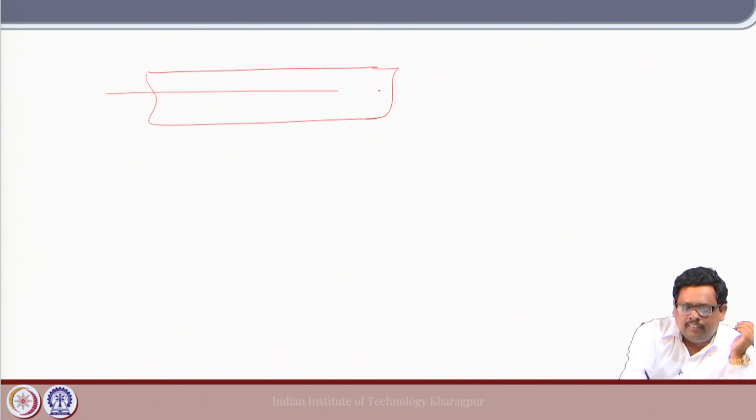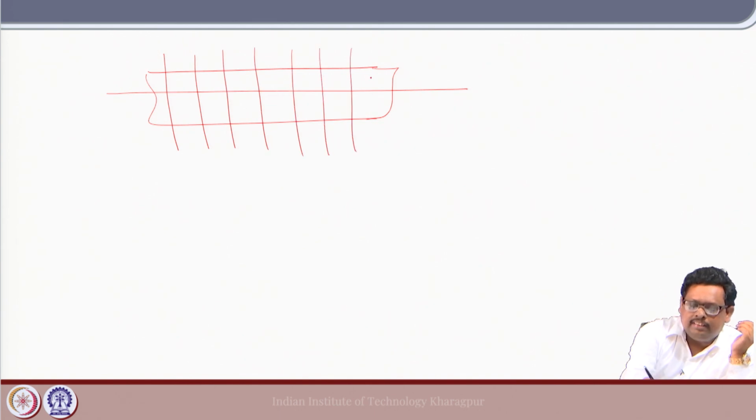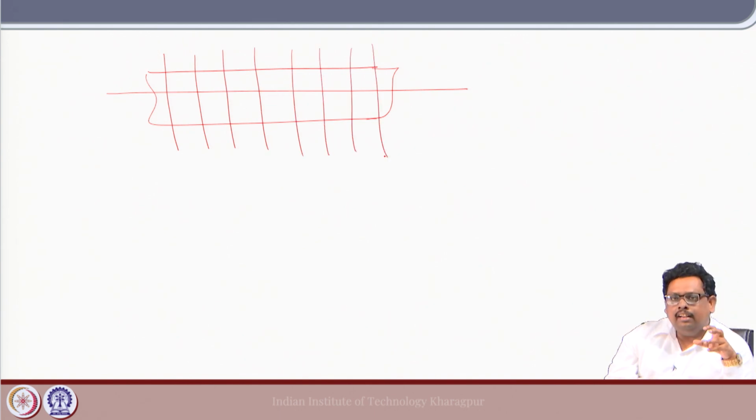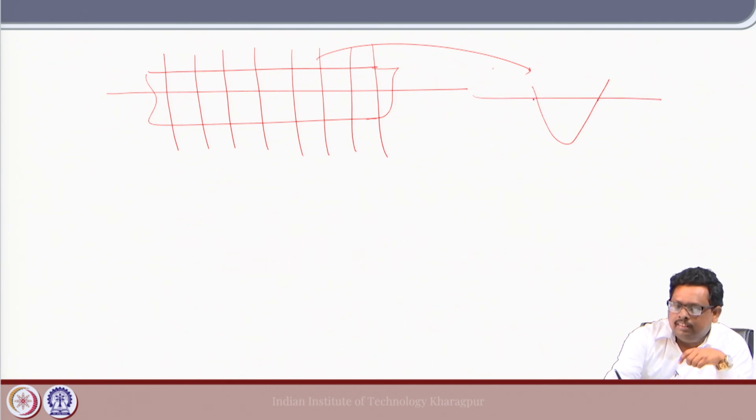Now, the data set you are receiving is, for each section, the sectional curve. So, if you take this, you will have a sectional curve like this, and let us say this is your z equal to 0 line. This is the curve you are getting.